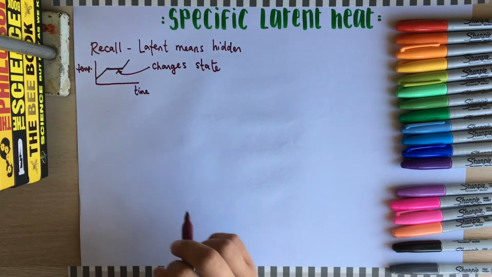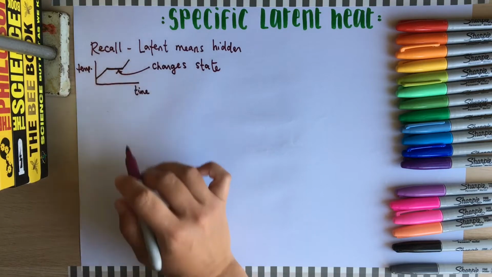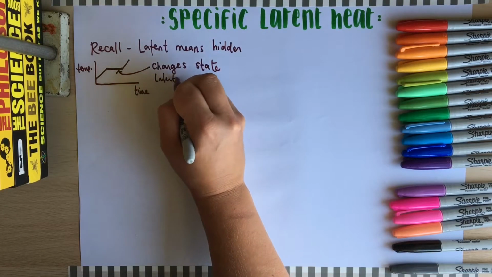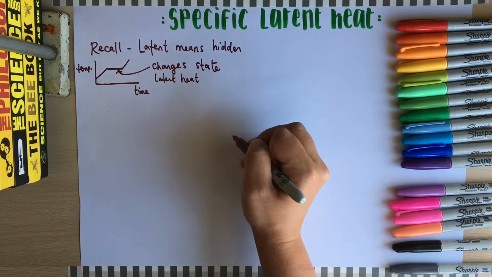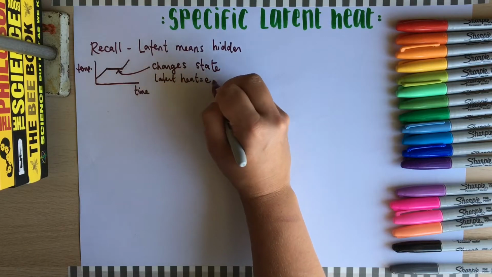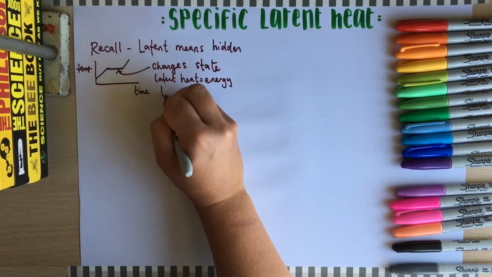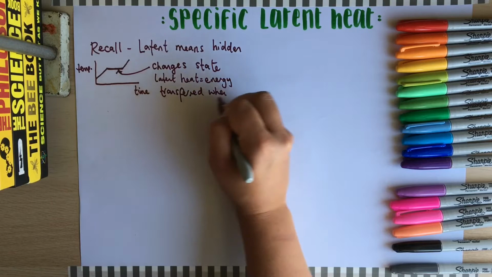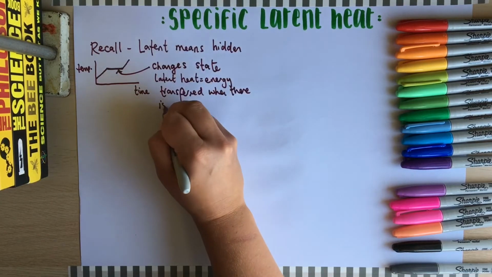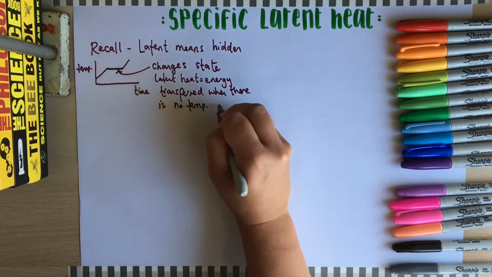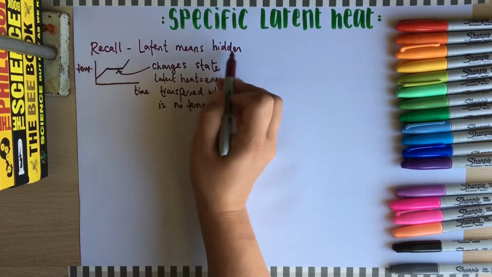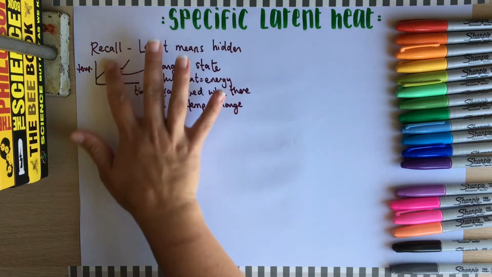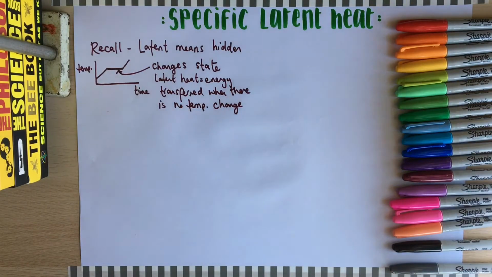When it's flat on the graph, that is where the substance is changing state, and the latent heat is the energy transferred when there is no temperature change, because it's hidden, because we're not seeing a change that's happening there. So that's the recap from last lesson.